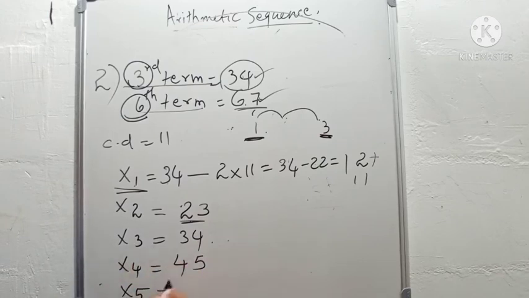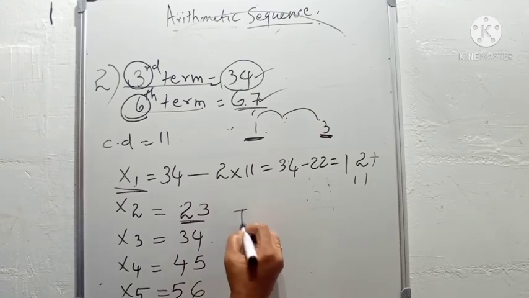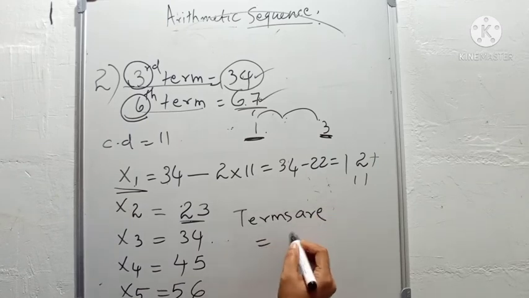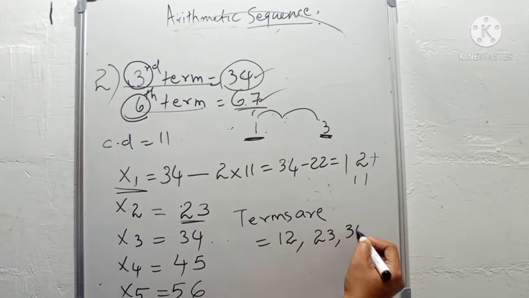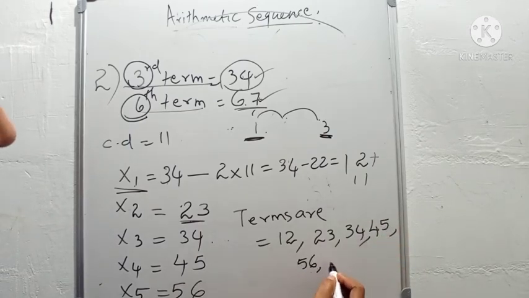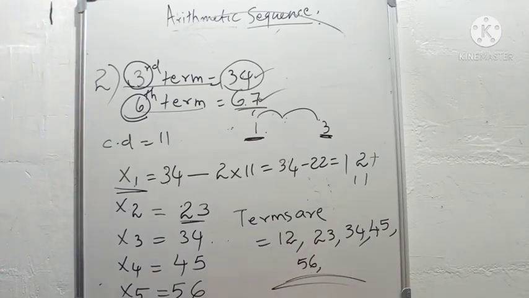The fifth term is 56. So the first 5 terms of this sequence are 12, 23, 34, 45, 56.